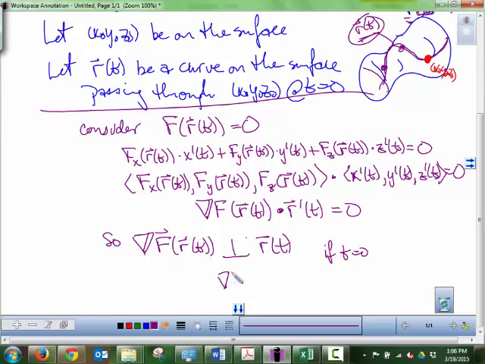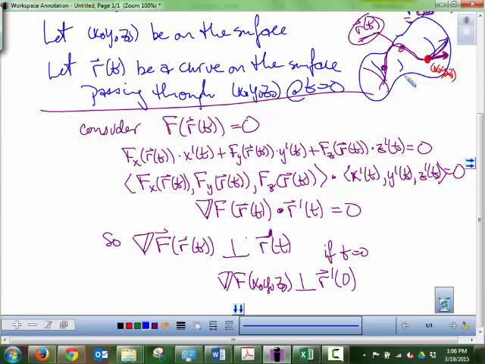So the gradient of f at x naught, y naught, z naught is perpendicular to this tangent curve. This is some arbitrary tangent curve, so we have a tangent curve over here, and the gradient is perpendicular to that.